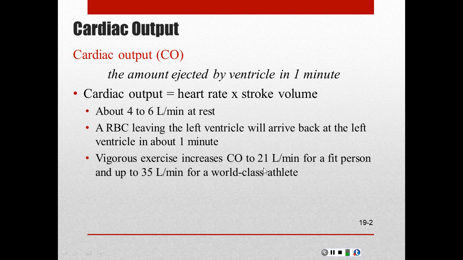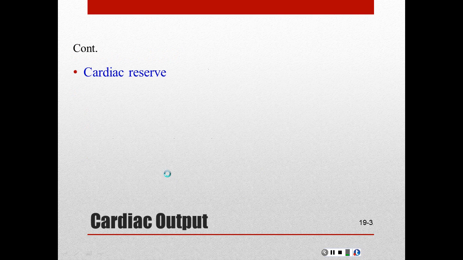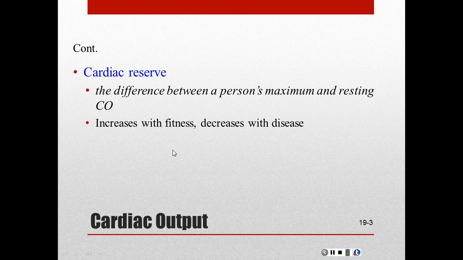It may increase to about 21 liters per minute for a fit person. For a world-class athlete, we're looking at 35 liters per minute. The difference between maximum cardiac output and resting cardiac output is called cardiac reserve.